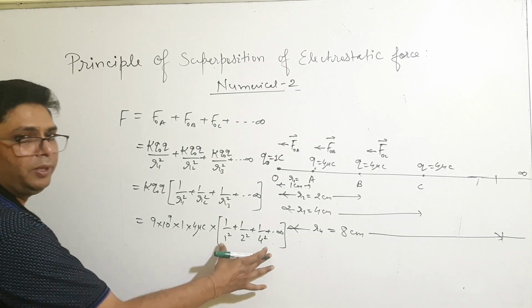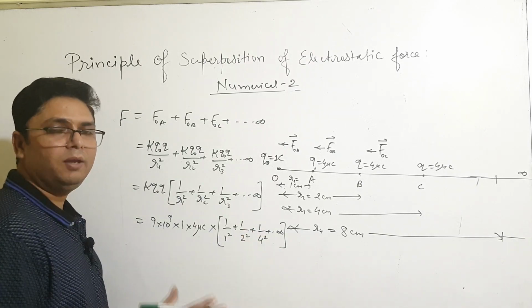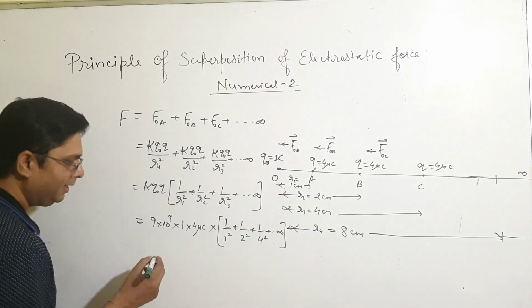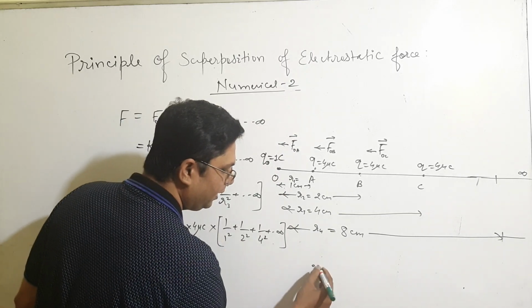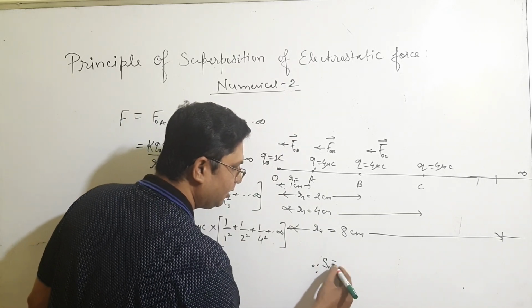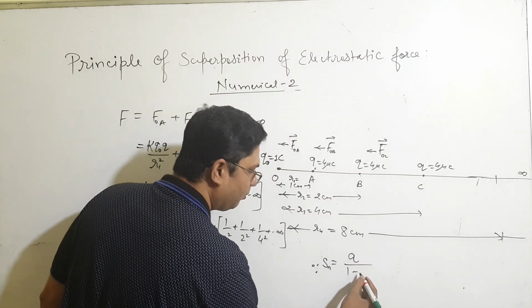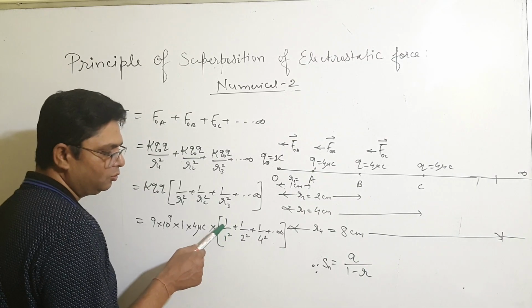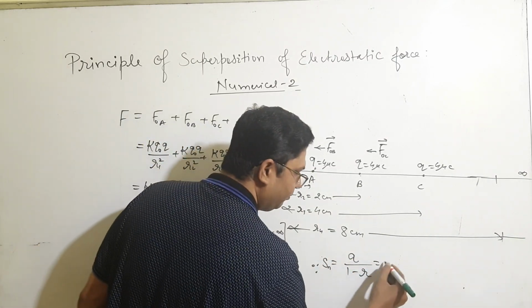This is said to be an infinite sum in the case of GP. So you know that in the case of GP, the infinite sum S is equal to A upon 1 minus R. What is A? The first term is A. So the first term is 1, right, here 1.